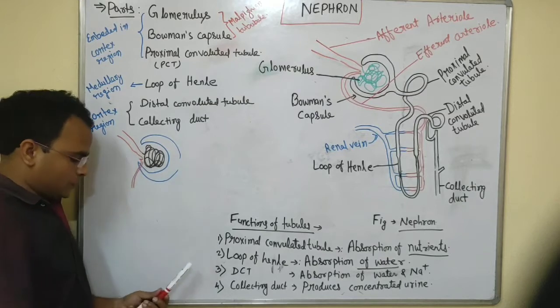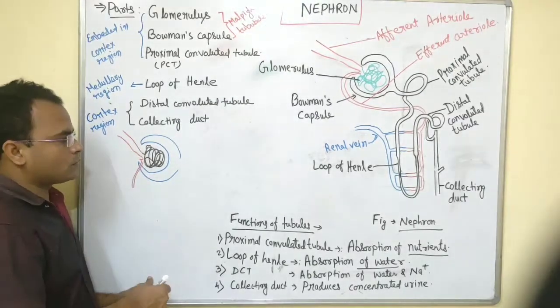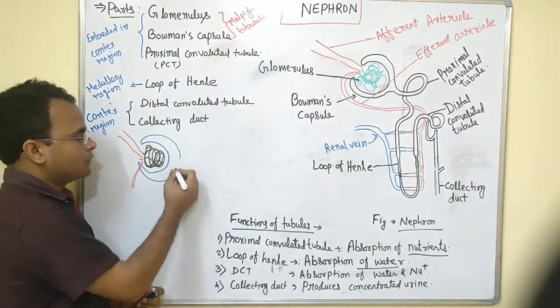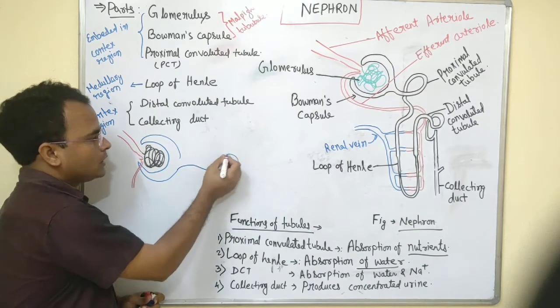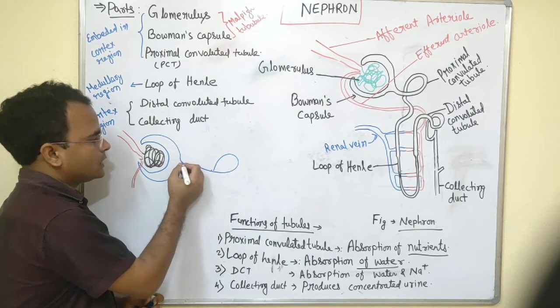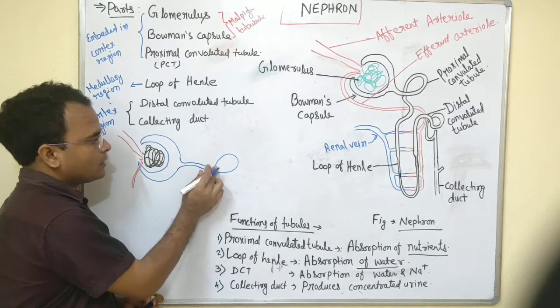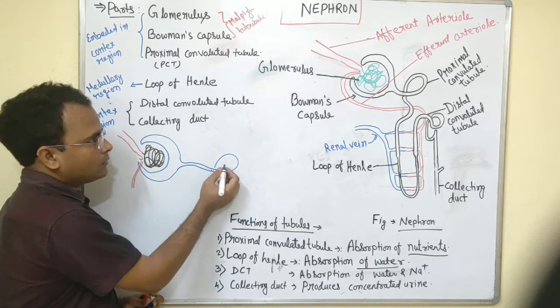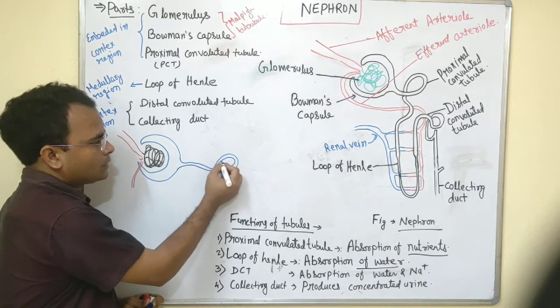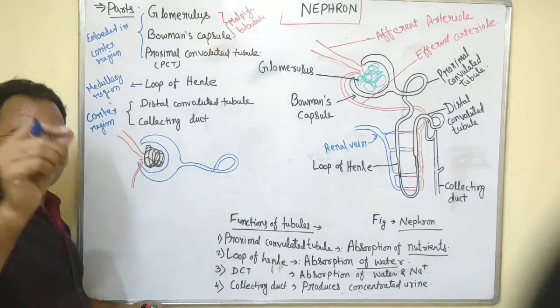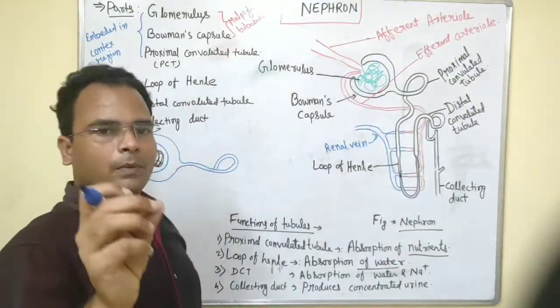This Bowman capsule extends towards the end and forms a tubular part called the proximal convoluted tubule. Now it is very easy to make, just coil it. They make it look so complex in the diagram.